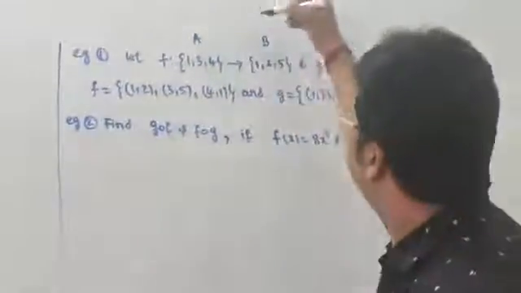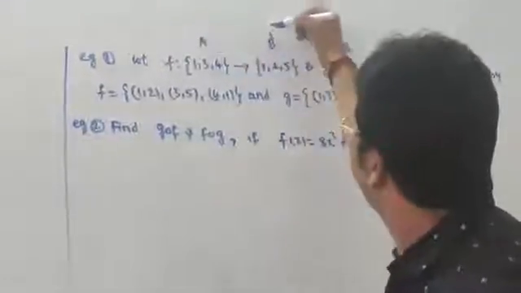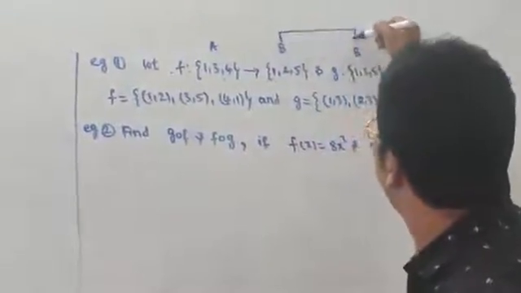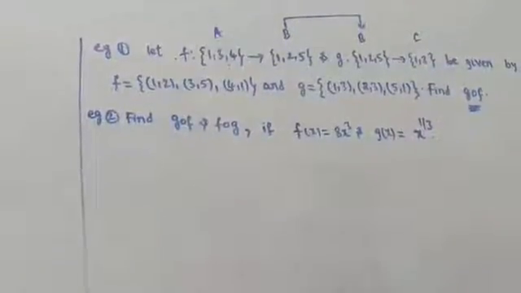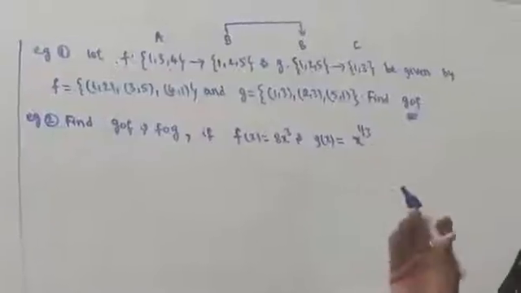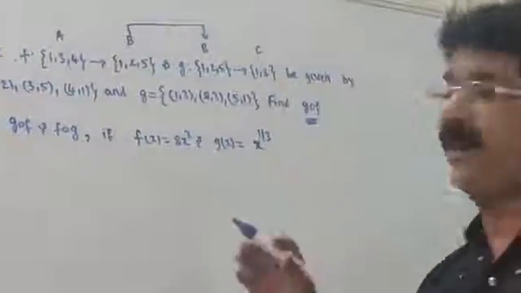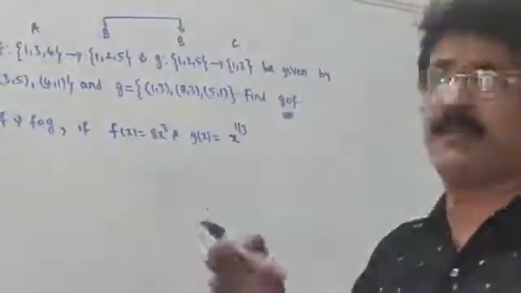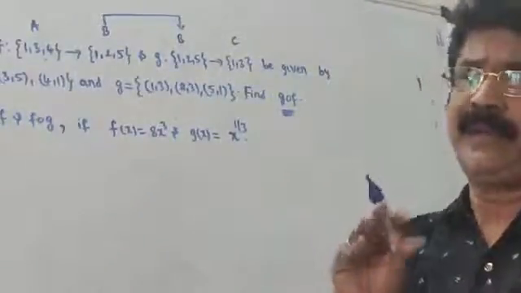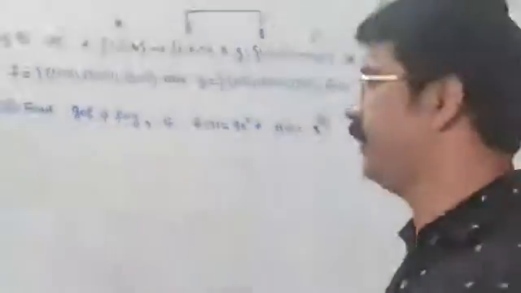Observe that the codomain of F is the same as the domain of G. That's why G circle F is defined. For which two methods are there. In the first method I will explain the complete meaning. In the second method I will explain the shortcut to find either F circle G or G circle F. Let us consider example 1.